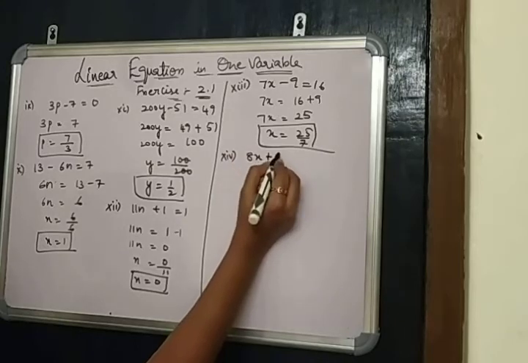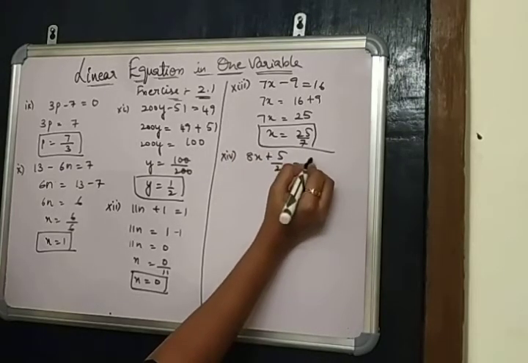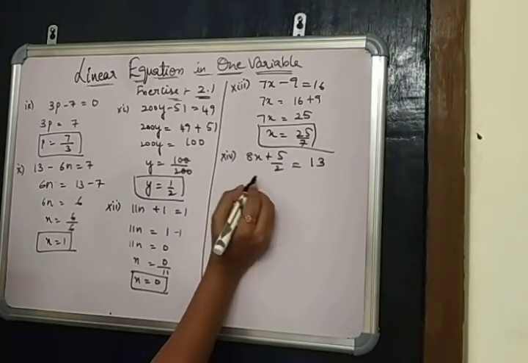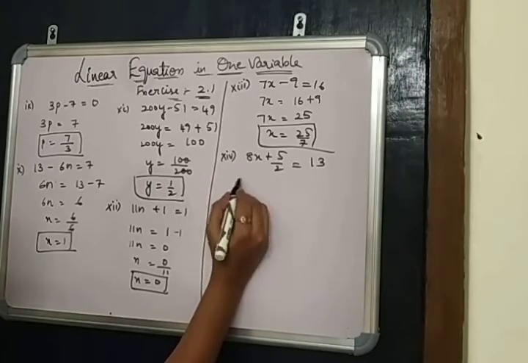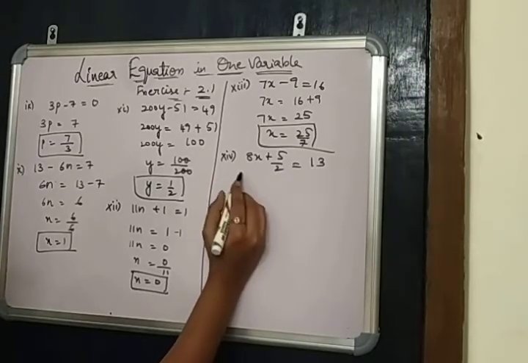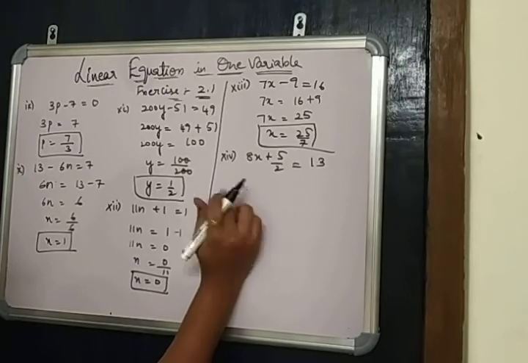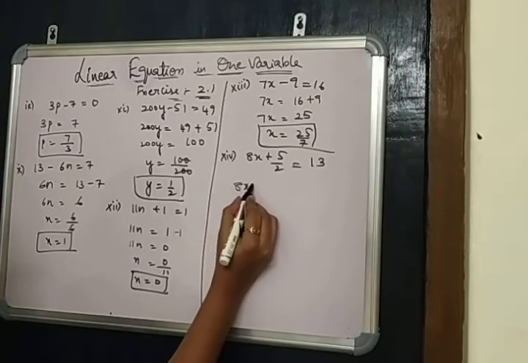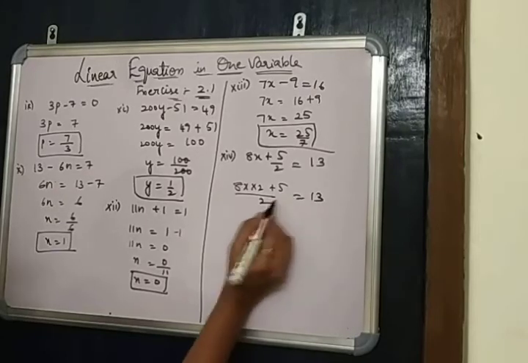8x plus 5 divided by 2 is equal to 13. We have to take LCM. 8 into 2, 16x, okay, you can write elaborately, 8x into 2 plus 5 divided by 2 is equal to 13.